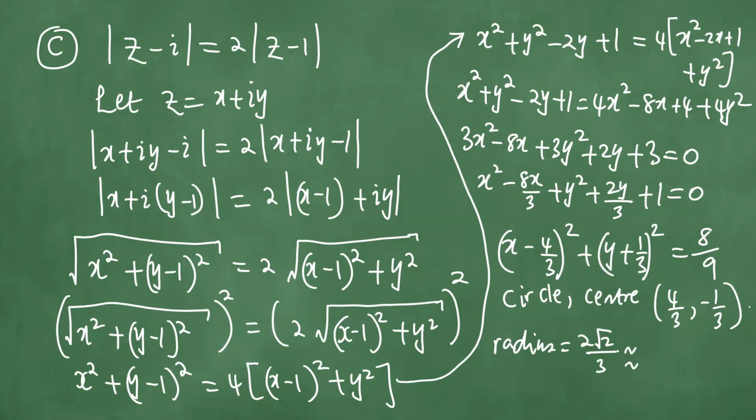Okay, and therefore this one you can estimate, which is approximately 0.9428 units. So that is exactly the radius, or the radius is approximately 0.9428 units.